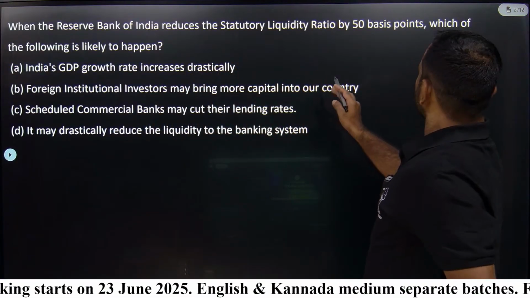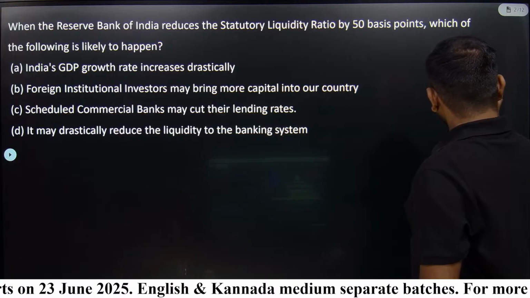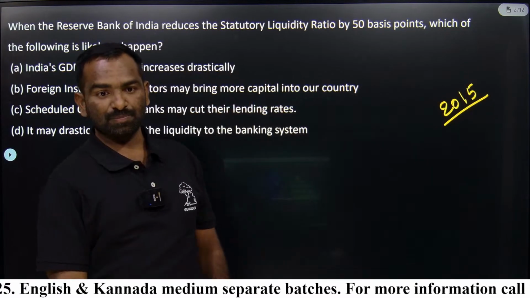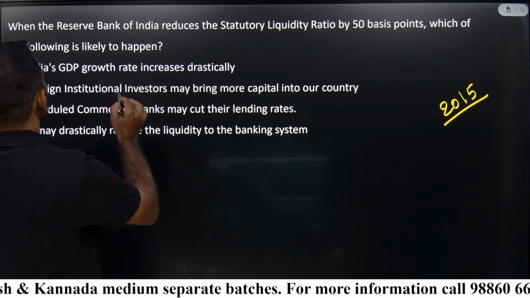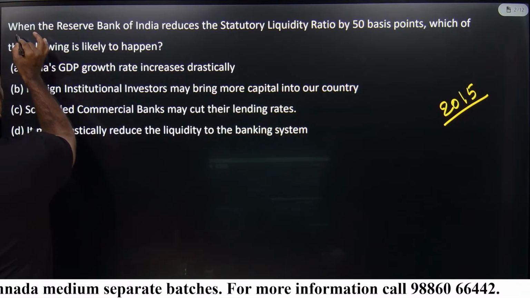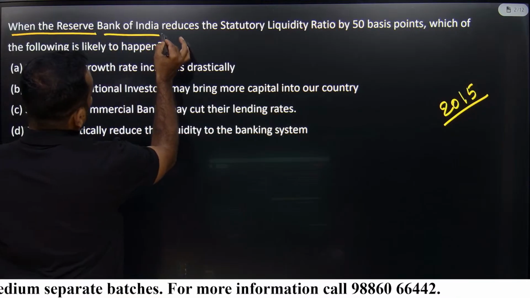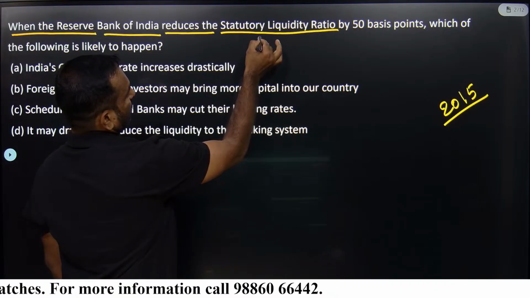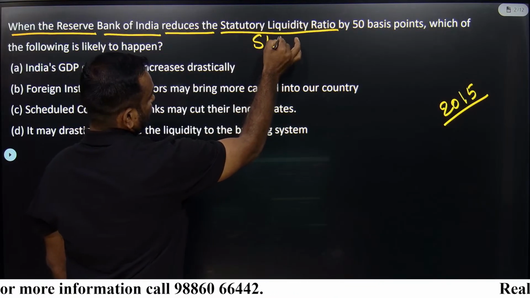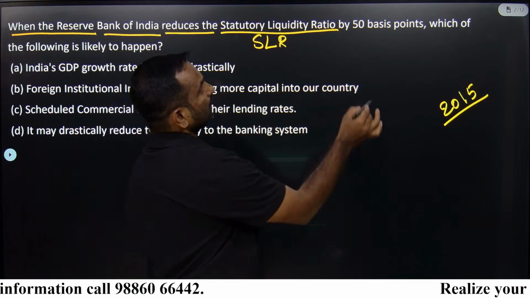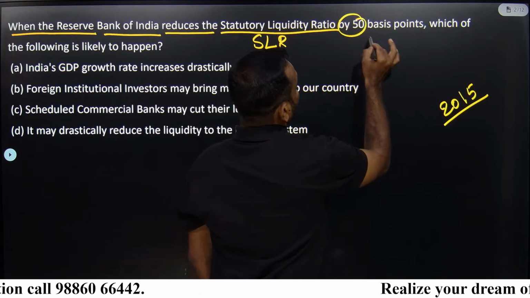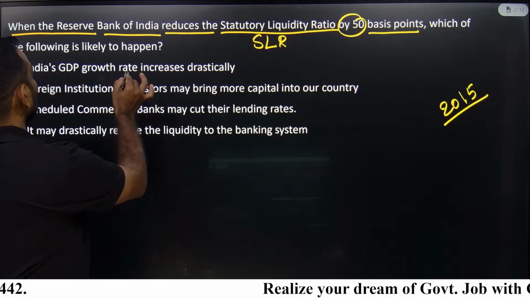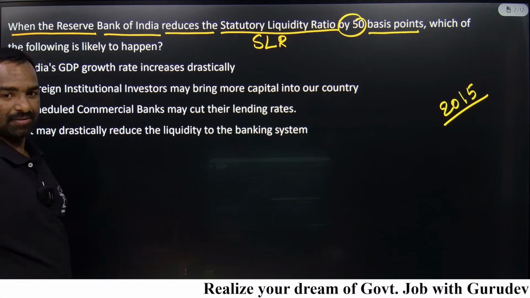And this is for the 2015 UPSC pre-question, okay? What is the question? When the Reserve Bank of India reduces the statutory liquidity ratio, that is SLR, by 50 basis points, which of the following is likely to happen?